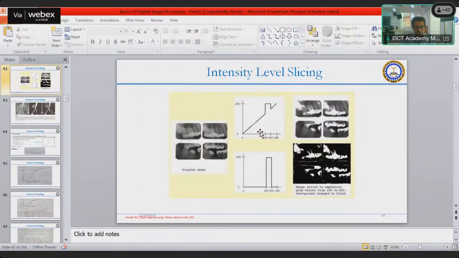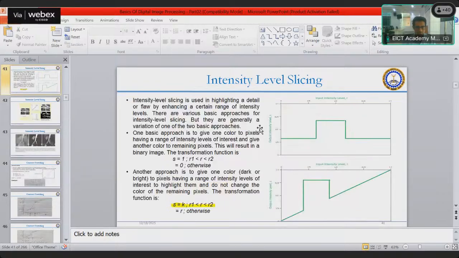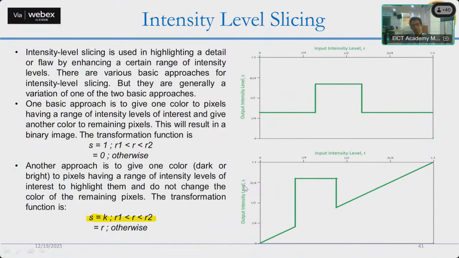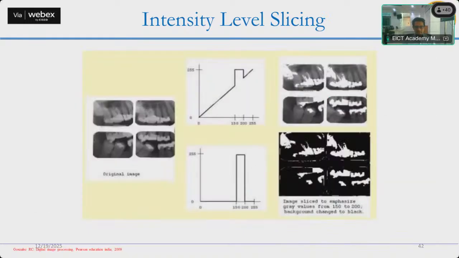See, this is the intensity level slicing, S equal to K for R1 to R2. Are you able to see? Intensity level or gray level, it is the same thing. So, are you able to recall? See, this changes there.